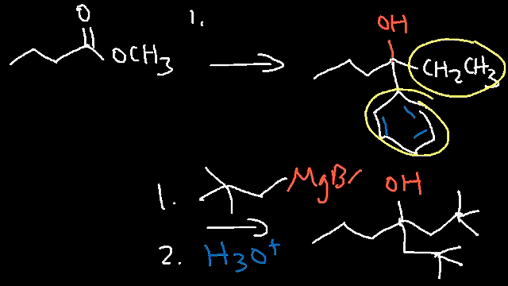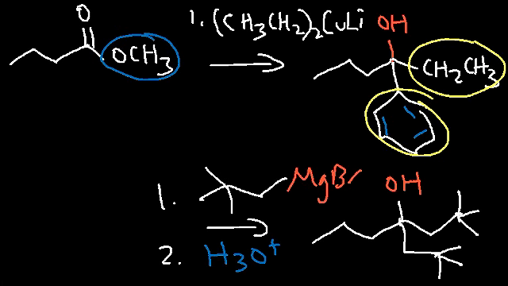What you want to use is the organolithium copper reagent. So let's use (CH3CH2)2 copper lithium. What's going to happen is it's going to take it down to the ketone level. It's going to replace the OCH3 with one of these R groups. So initially you're going to get this product.